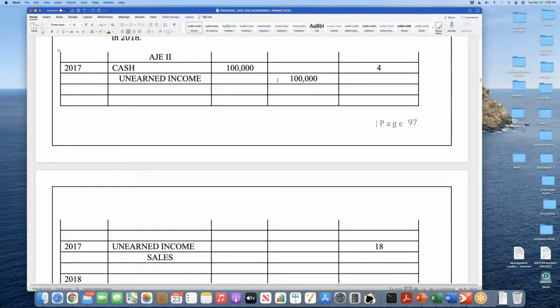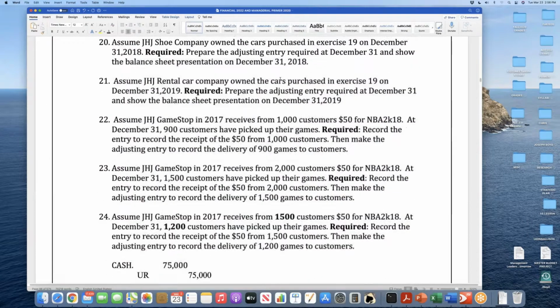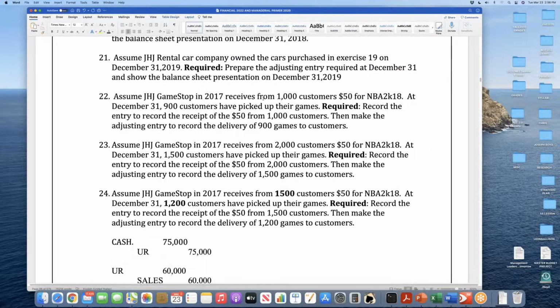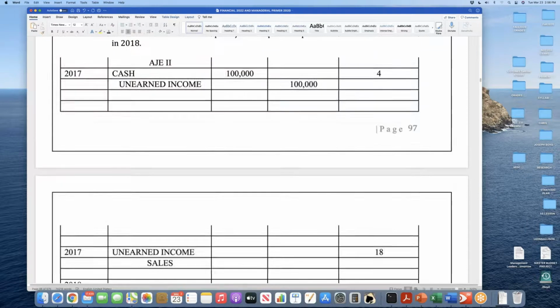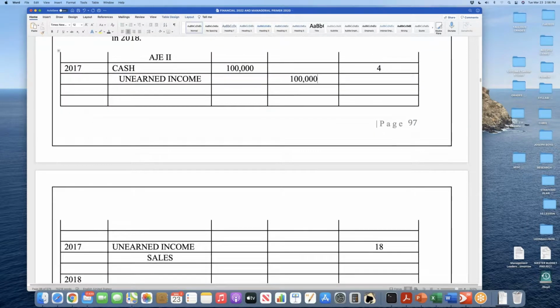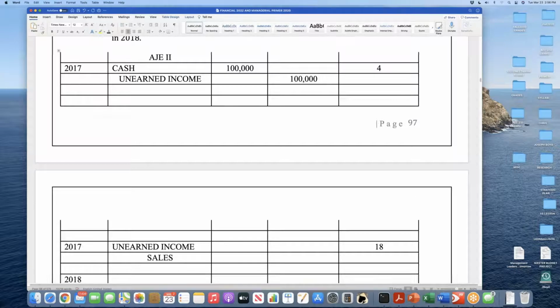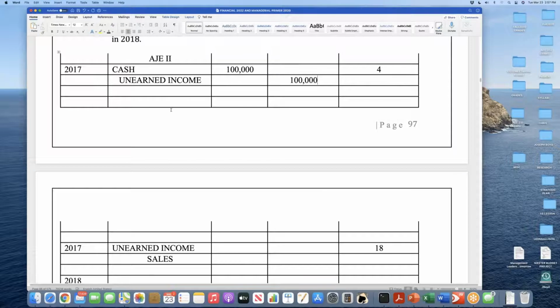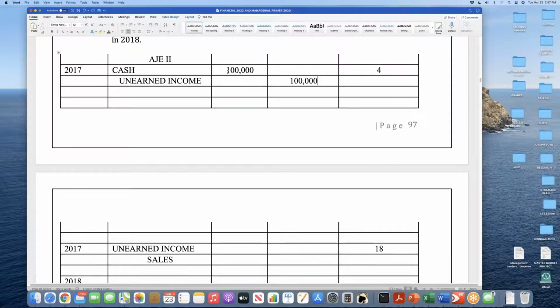And how many of the customers picked up the games? 1,500 customers picked up the games. So how much of this income have you earned? Isn't it 45,000?